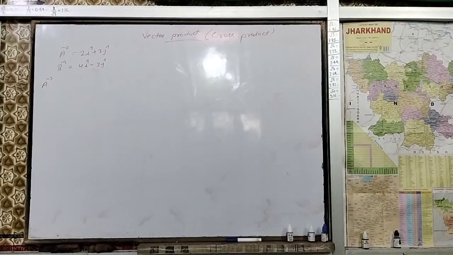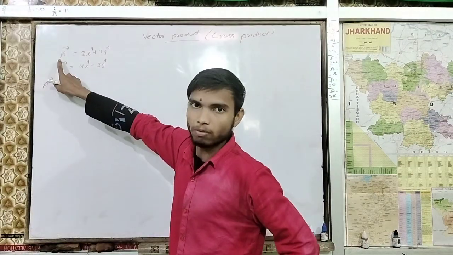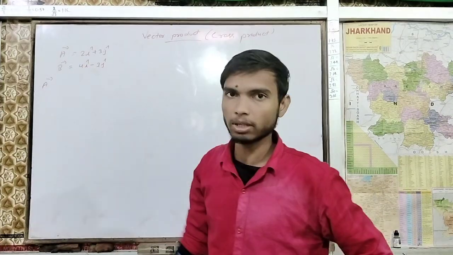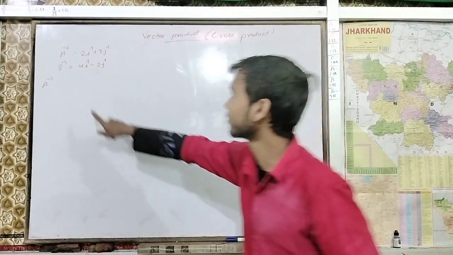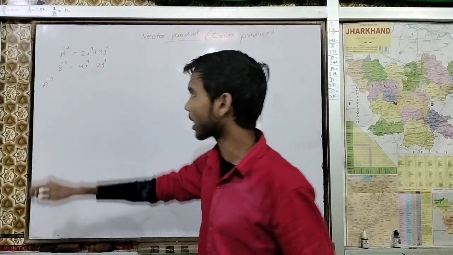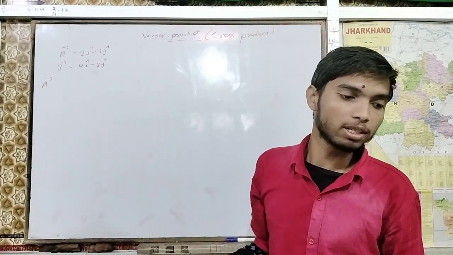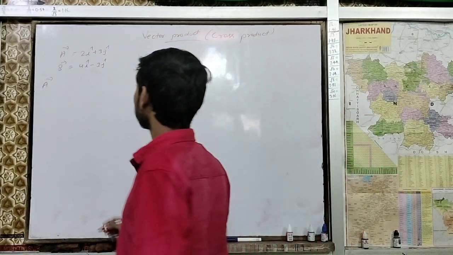The value of vector a is 2 I cap plus 3 j cap. The value of vector b is 4 I cap minus 3 j cap. And you have to solve this by using vector product.